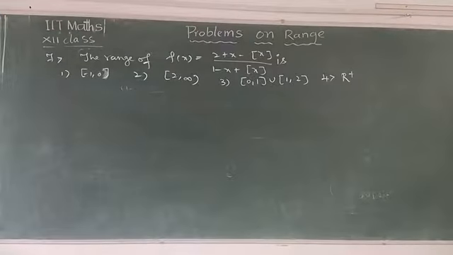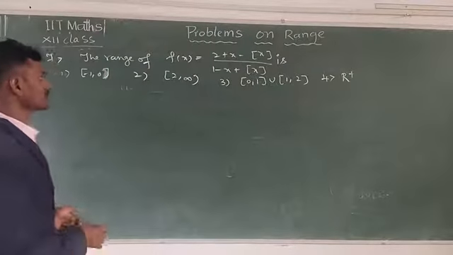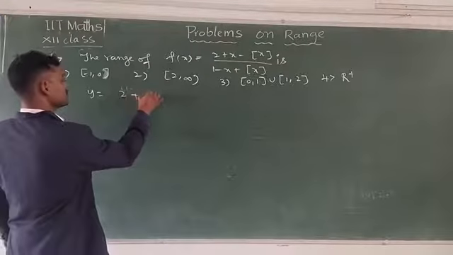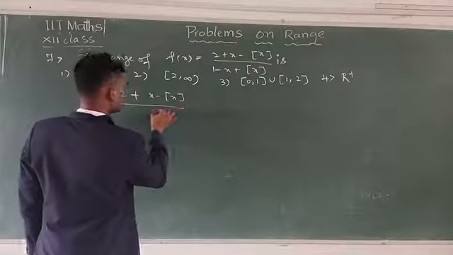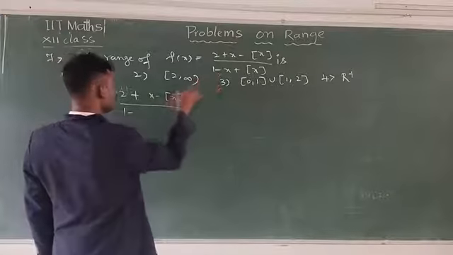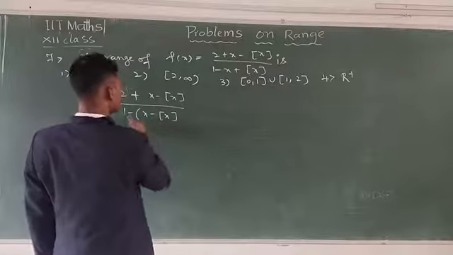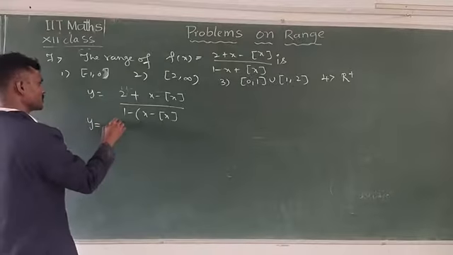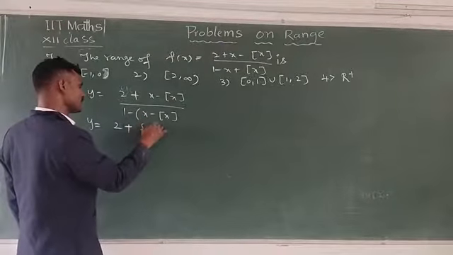Okay, next problem: the range of f of x is equal to 2 plus (x minus {x}) by (1 minus x plus {x}). See here, y is equal to 2 plus x minus {x} by 1 minus, you can take here minus means x minus of {x}, minus and minus plus. Now see here, y is equal to 2 plus, here x minus {x} is equal to the fractional part of x.